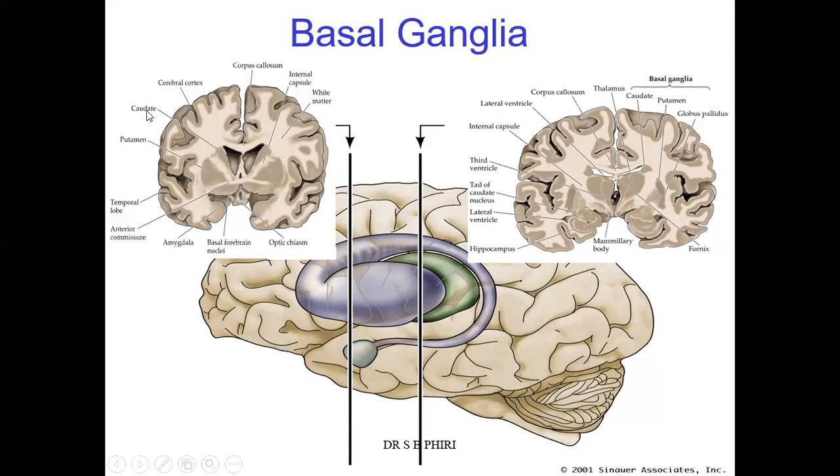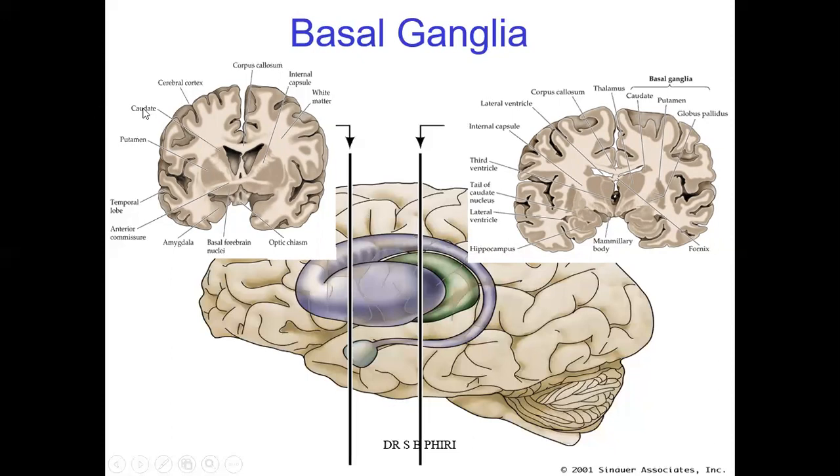So the combination of the caudate nucleus and the putamen, these are called striatum, corpus striatum, or a body which is striped, a body that is striped, because there are projections that are communicating between the caudate and the putamen.